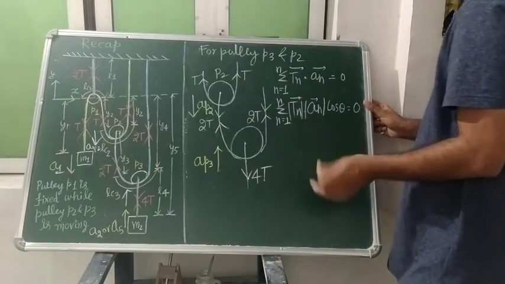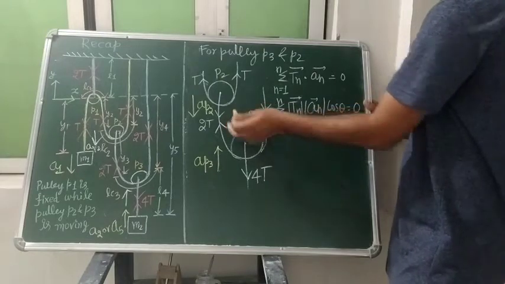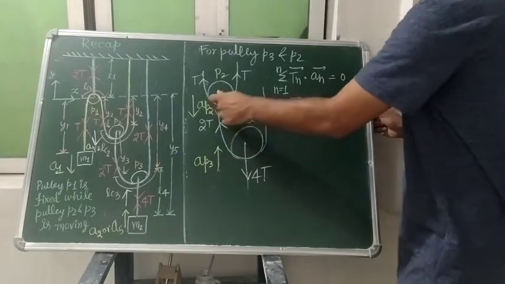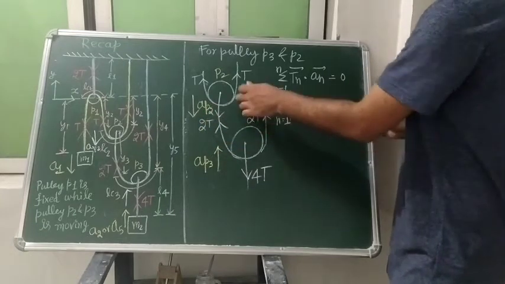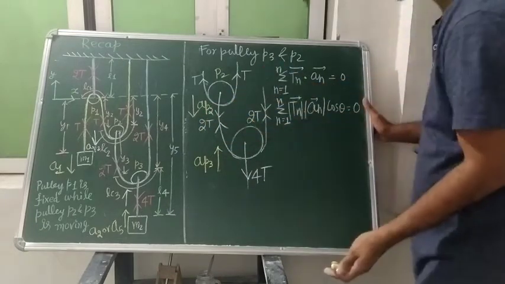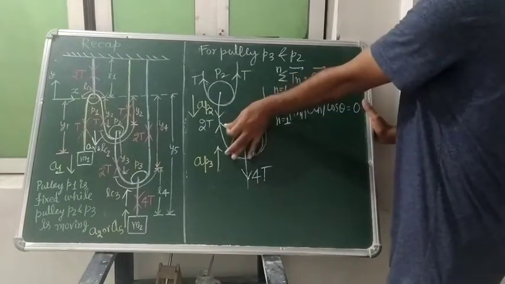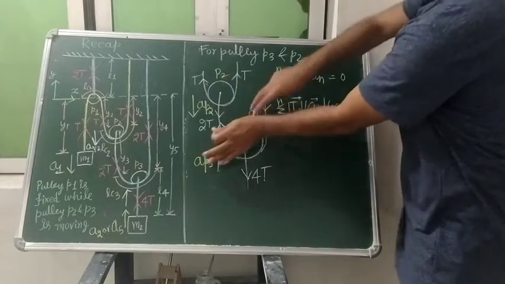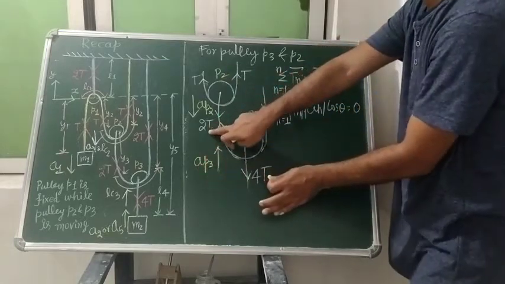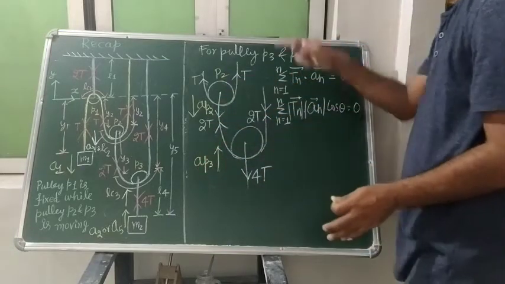So here 2T will be there, 2T will be there. From this we can't find the relation by selecting pulley P2, since here it will become 2T. But what is the tension acting on this string?